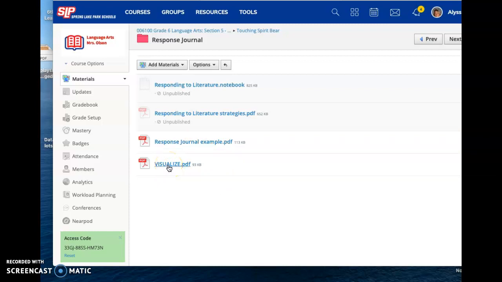Make sure, even though these are PDFs, that you use these only to guide your thinking in your response journal. Remember that you are expected to draw the 4 square and use a pencil and paper or your pencil in your response journal or notebook to respond to the questions.